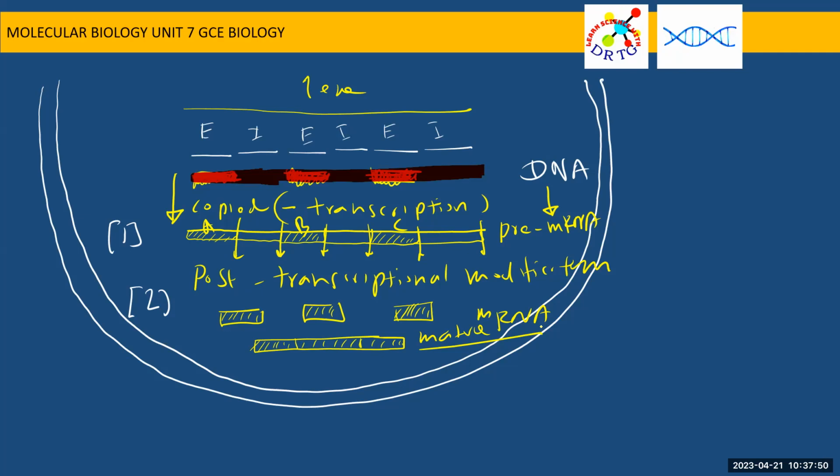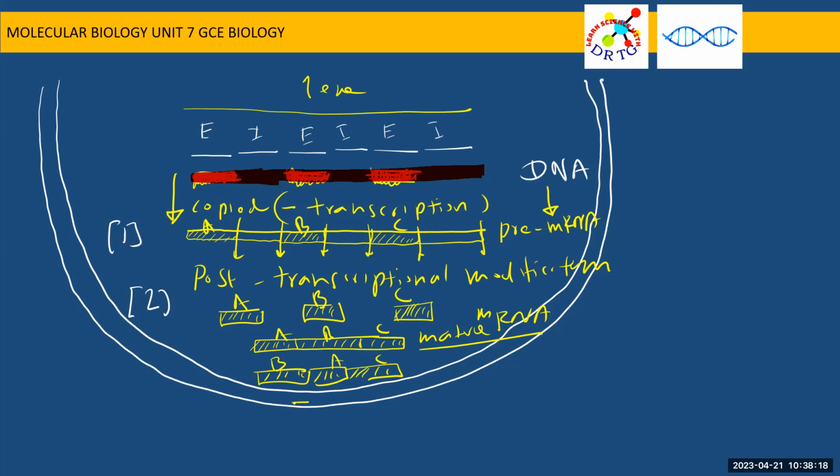Now, one important significance of this: if we remove introns, there is a chance of making different combinations. For example, if this is ABC, it can make ABC, or it can make another sequence like B, A, C. BAC is a different sequence.